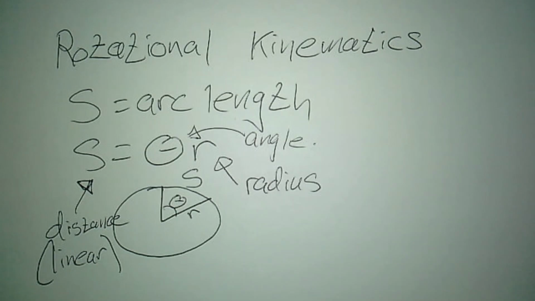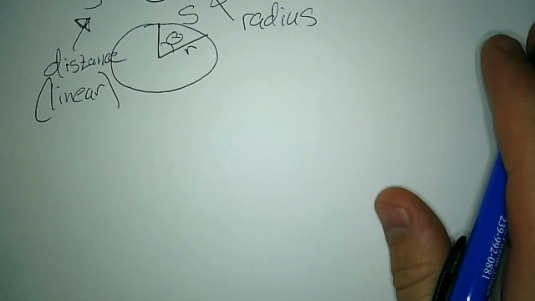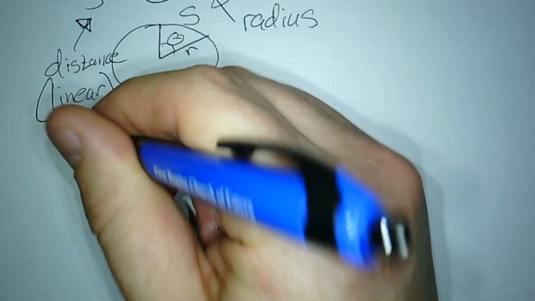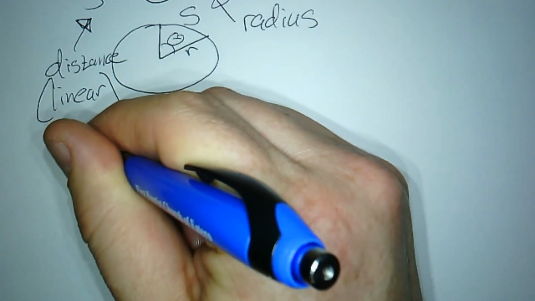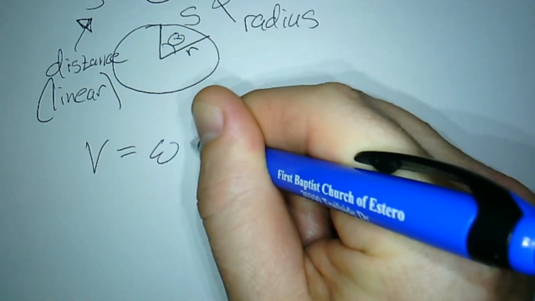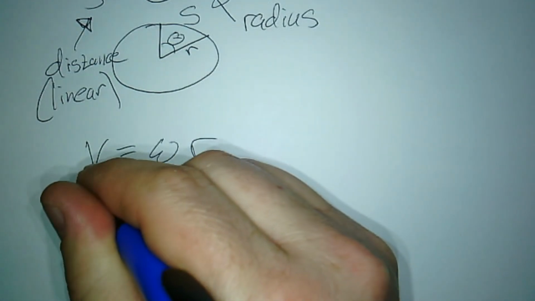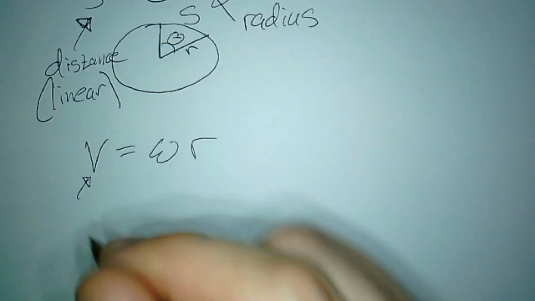For example, let's do another one. If I wanted to do something like, say, convert from linear speed and angular speed, I could use this formula, where this guy right here is going to be your linear speed.